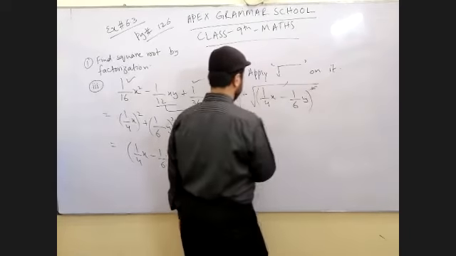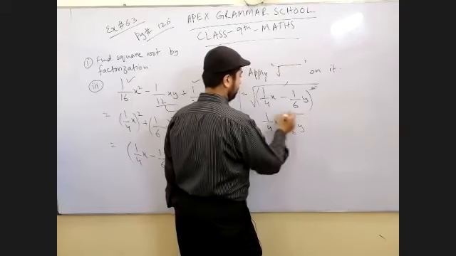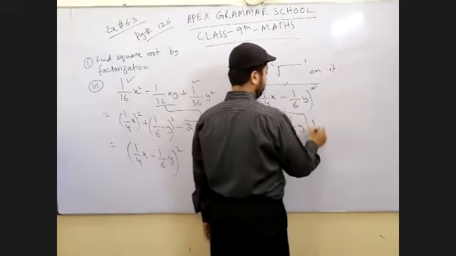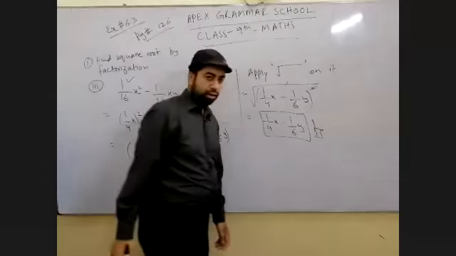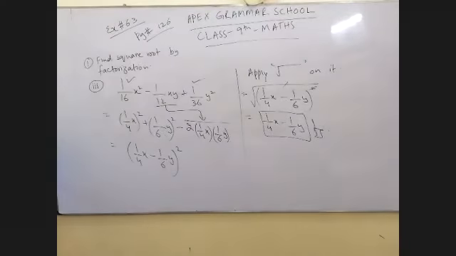The square will cancel this square root. And that's it. This was your part number 3.